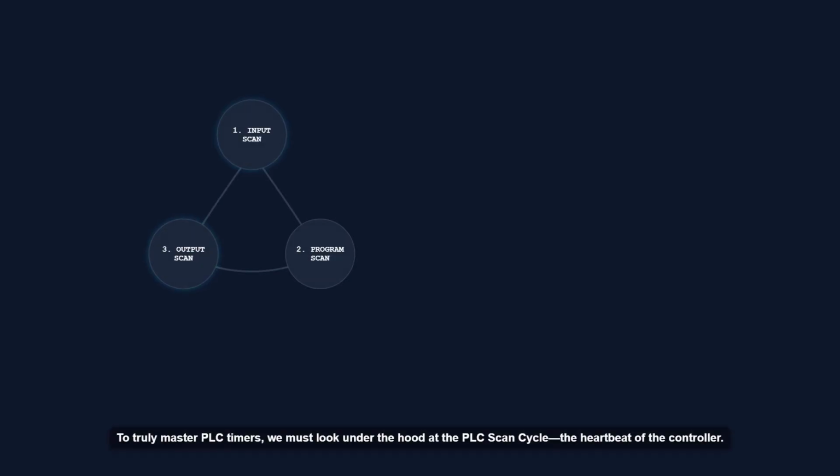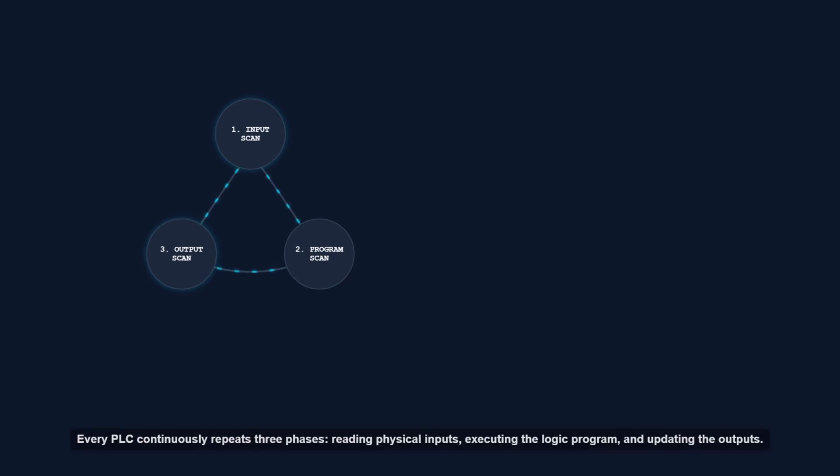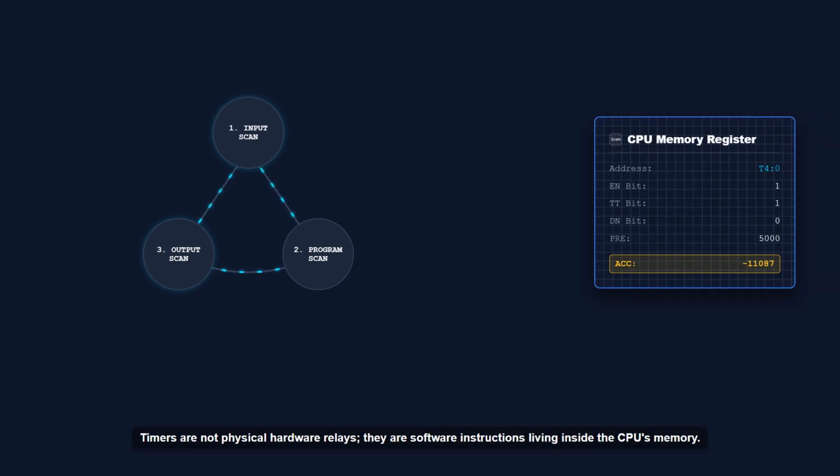To truly master PLC timers, we must look under the hood at the PLC scan cycle, the heartbeat of the controller. Every PLC continuously repeats 3 phases: reading physical inputs, executing the logic program, and updating the outputs. Timers are not physical hardware relays.